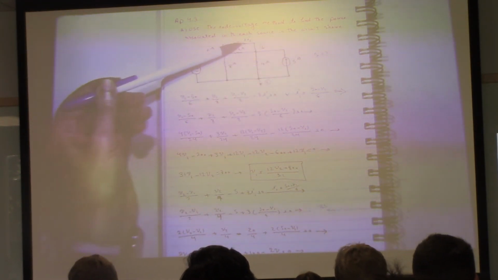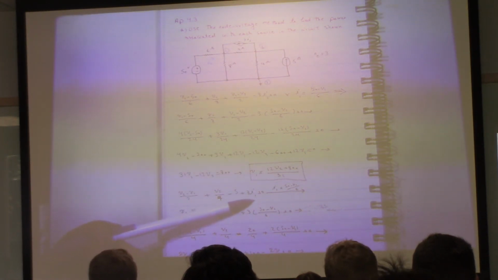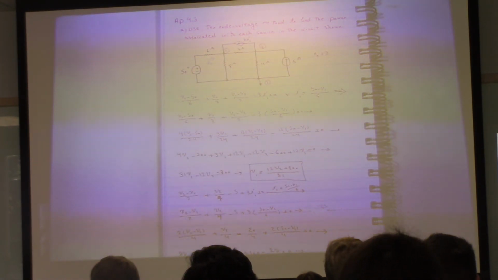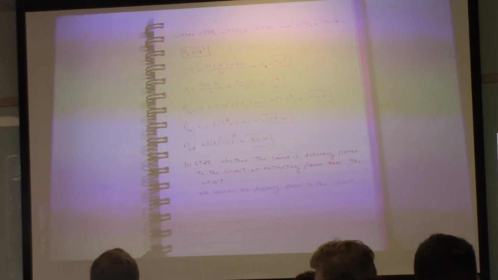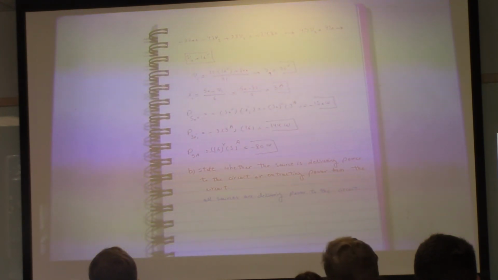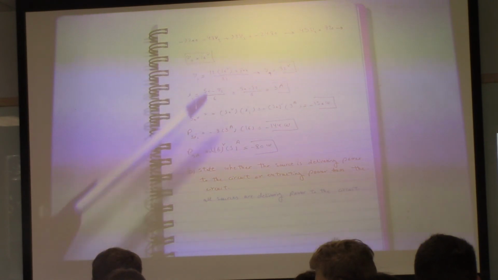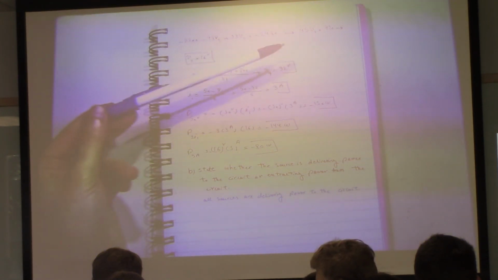And this one is leaving, that's why plus 3I1. So you will get two equations with two unknown variables. V2 is 16 volts, V1 is 32 volts.